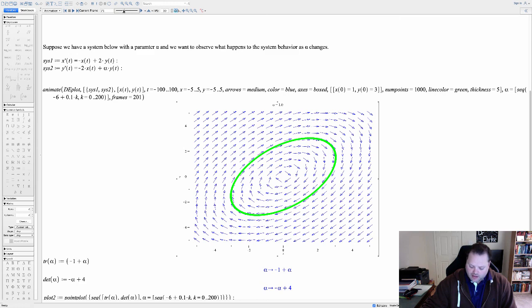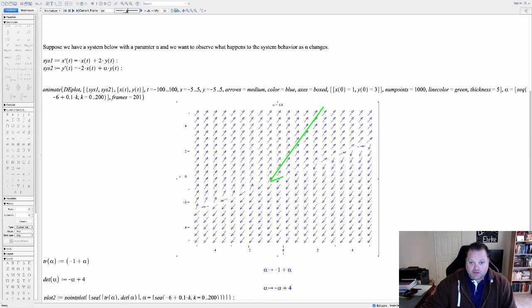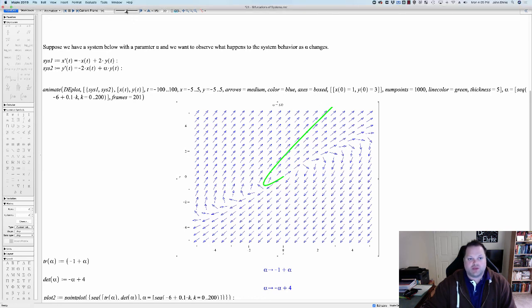And then we said it goes from alpha equal to 1 up to alpha equal to 3, and it starts to spiral source. But at alpha equal to 3, we have a degenerate source, right? So there's one eigenvector here, one straight line solution, and we've got the degenerate source spiral off of that.